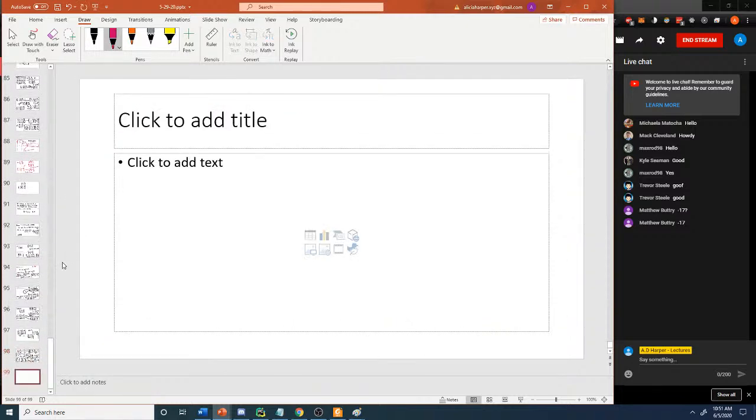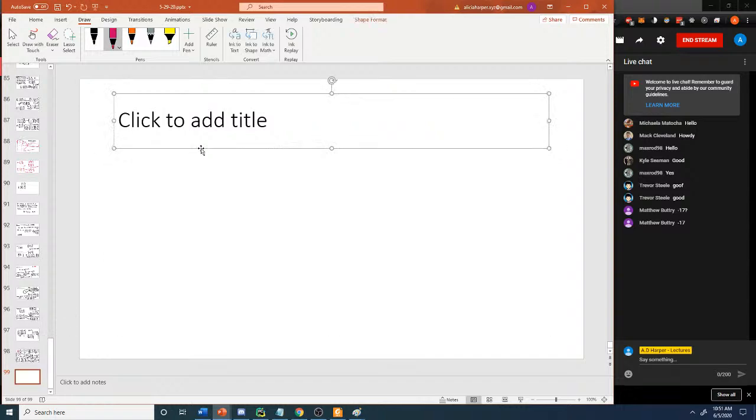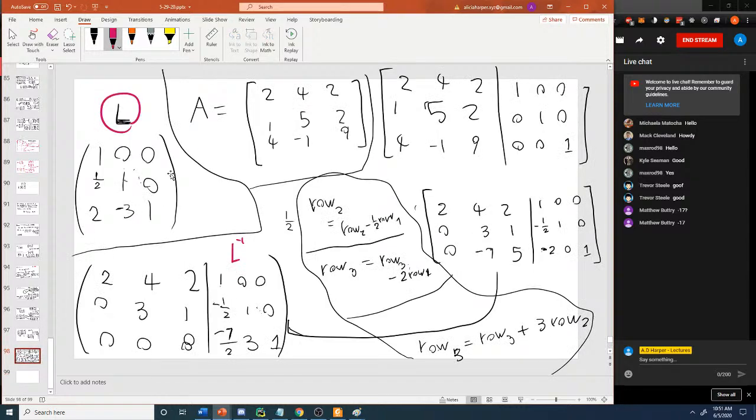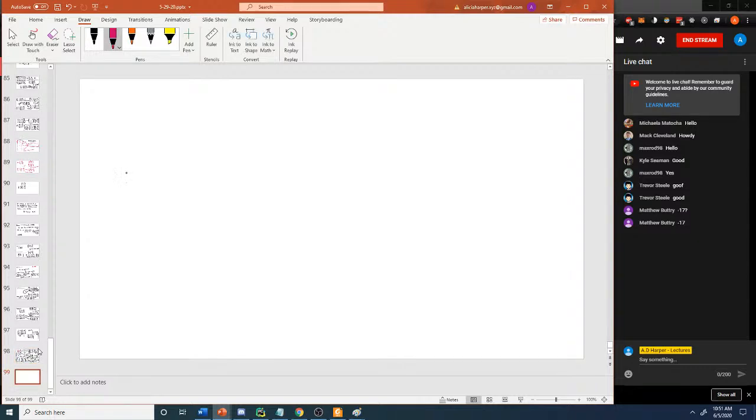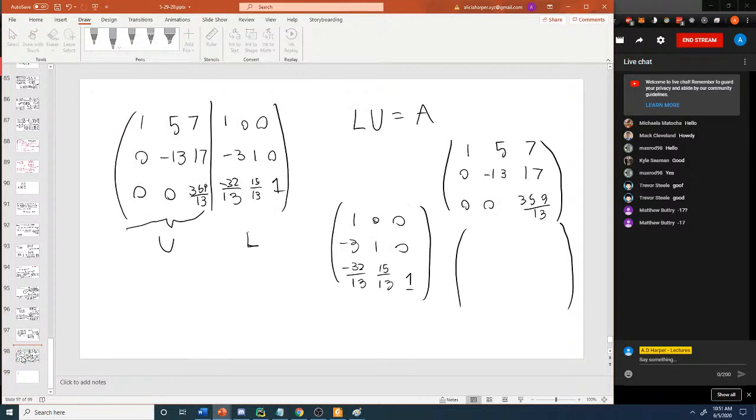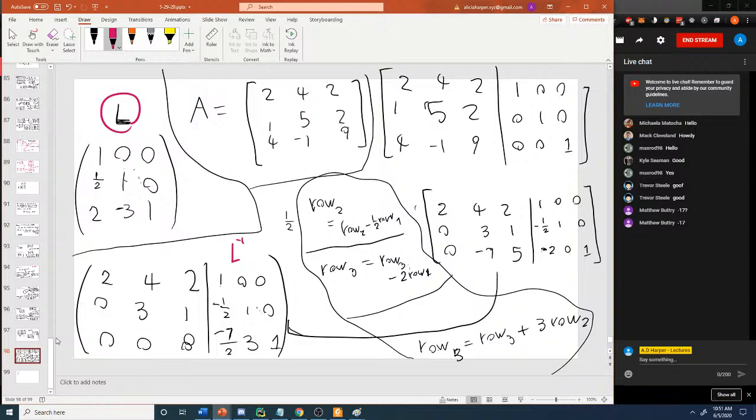So now let's actually see how the decomposition works. We have our matrix that we computed. In this case, I'll just copy and paste everything that's relevant.